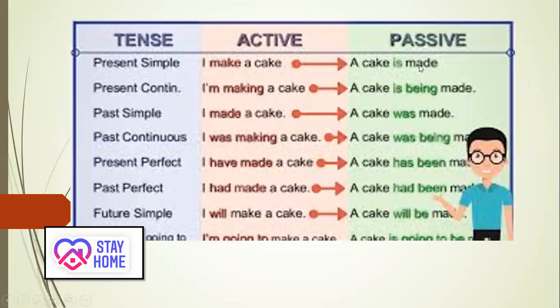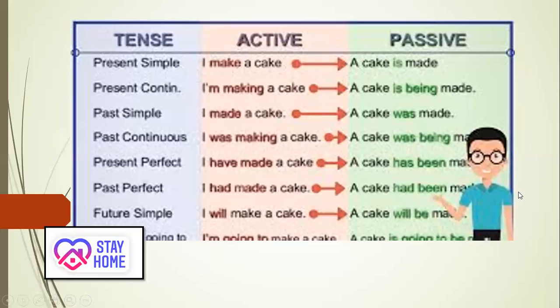But if we are using the present simple, present continuous, past simple, we use the verb be, also for the future simple. It says, I make a cake, a cake is made. So pay attention to the subject, and pay attention to the verb be and the past participle.